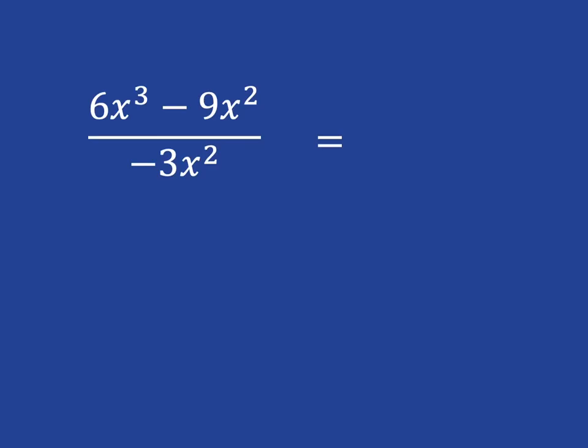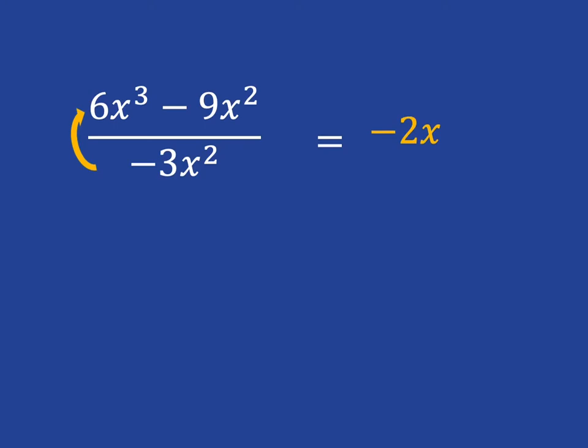So let's have a look at a more revolting example. If we were asked to simplify something like this, well, again, we just need to make sure that that negative 3x squared at the bottom divides into each and every piece at the top, each and every term at the top. So negative 3x squared must divide into 6x cubed. 6 divided by negative 3 gives me negative 2, and x cubed over x squared is just x.